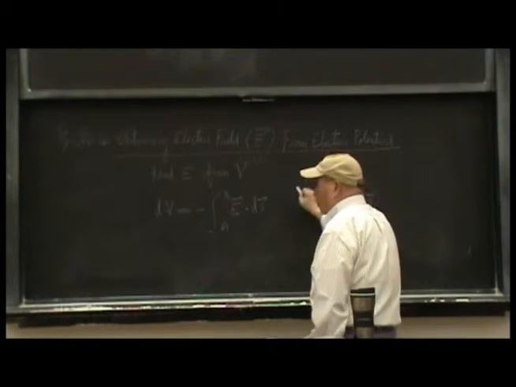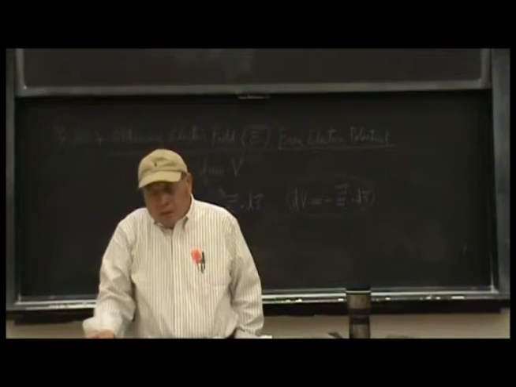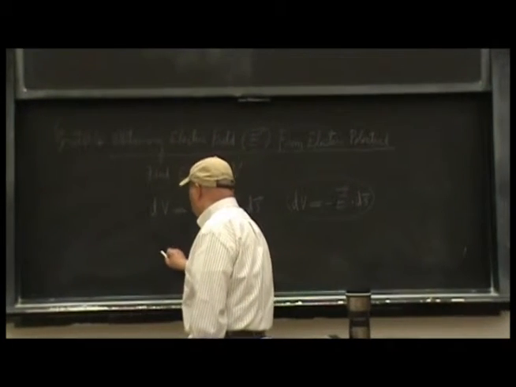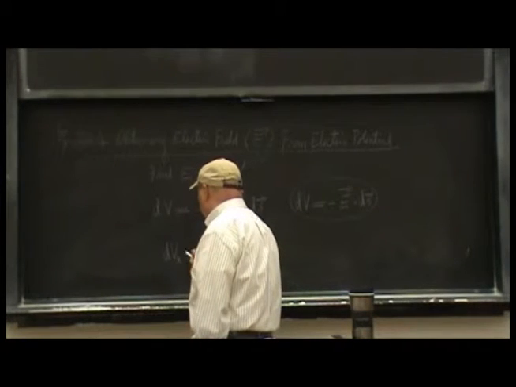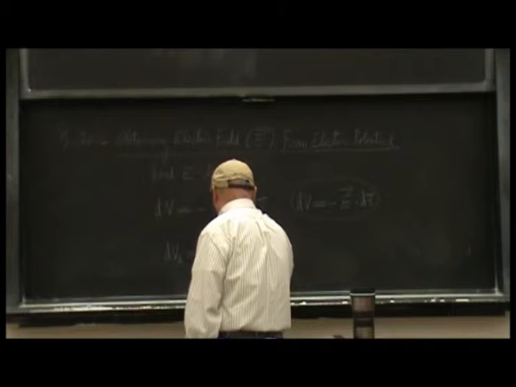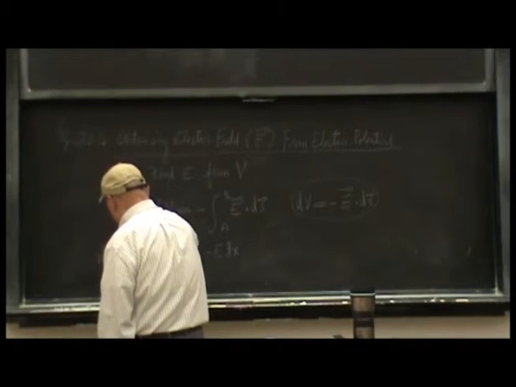Now suppose ds is along a line, only along the x direction. Then we have dV_x equal to minus E dx along the x direction.